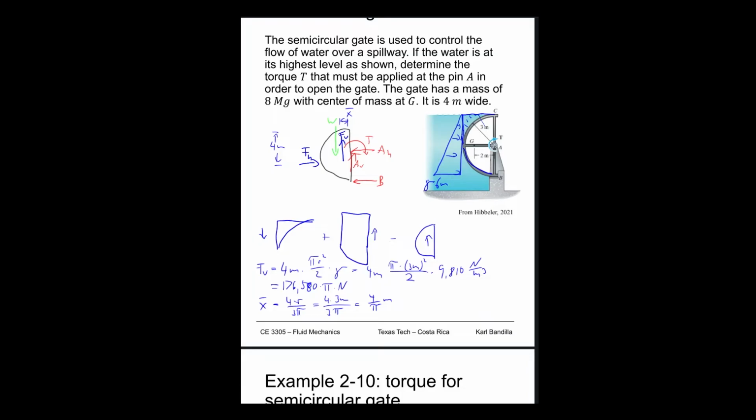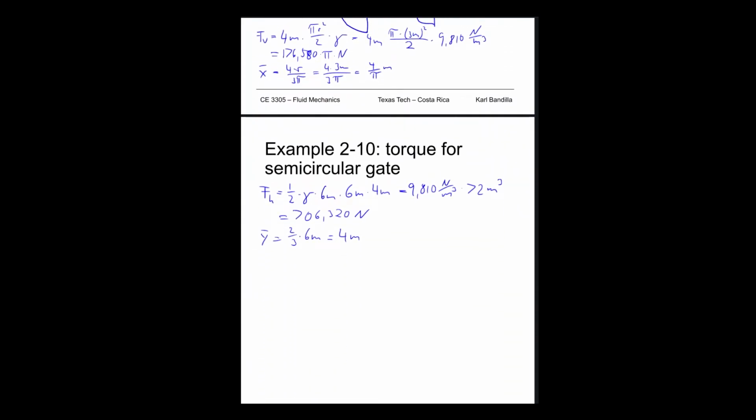All right, what else are we missing now? We have those two known. Our weight of the gate is given to us. Oh, I guess it's not fully given to us, so let's write that down.